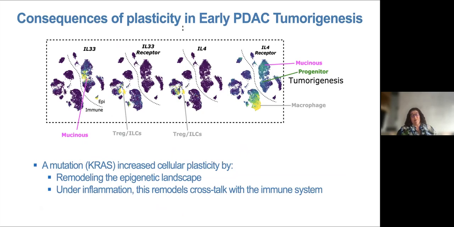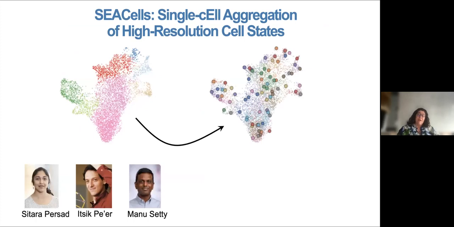First of all, KRAS is able to completely remodel and change the epigenetic landscape dramatically. And part of this remodeling involves the opening of a lot of chromatin regions around both receptors and ligands. And under inflammation, this completely remodels the crosstalk with the immune system, causing a dramatic remodeling to both the immune and epithelial compartments.